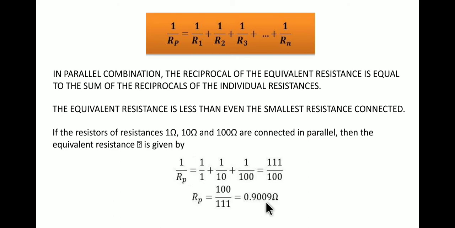So what we can understand from here is that whenever we need to decrease the equivalent resistance of the overall connected resistors, then we will connect them in parallel. All right.